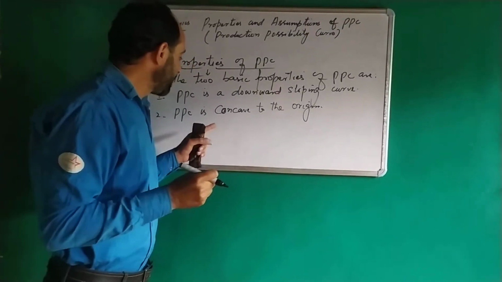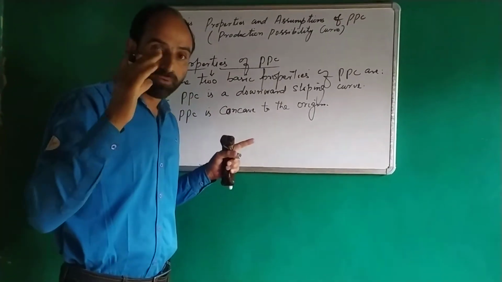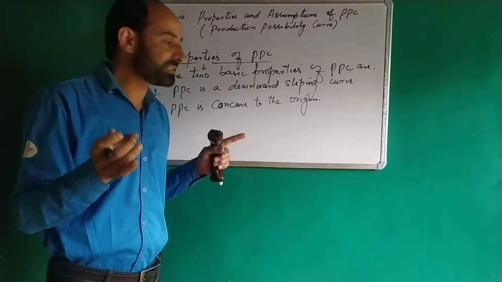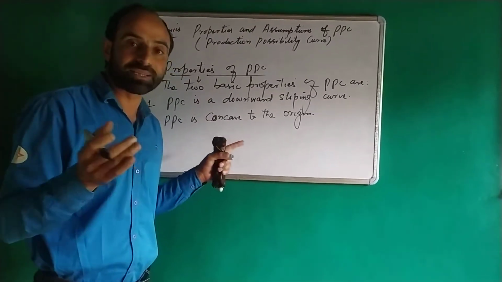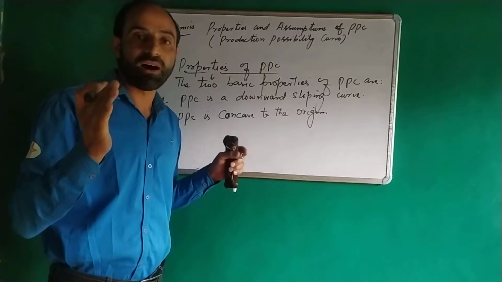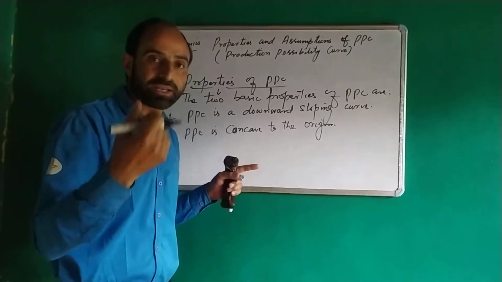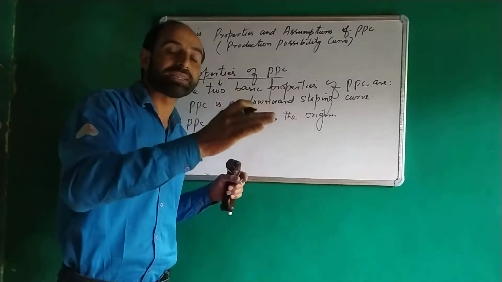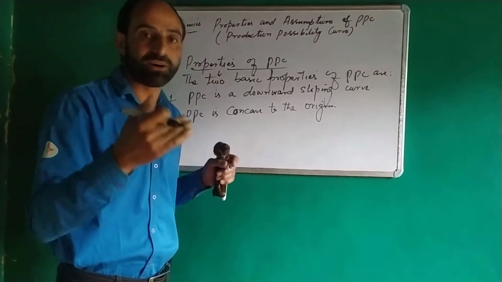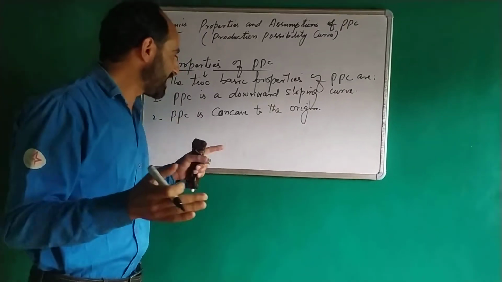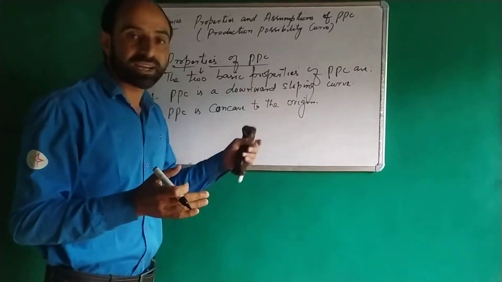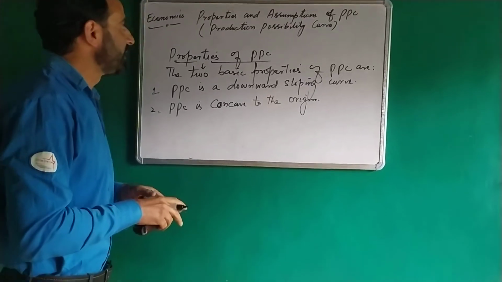Because for getting the quantity of one commodity increased, the quantity of other commodity has to be sacrificed, or decreased. That is why this PPC is concave to the origin.